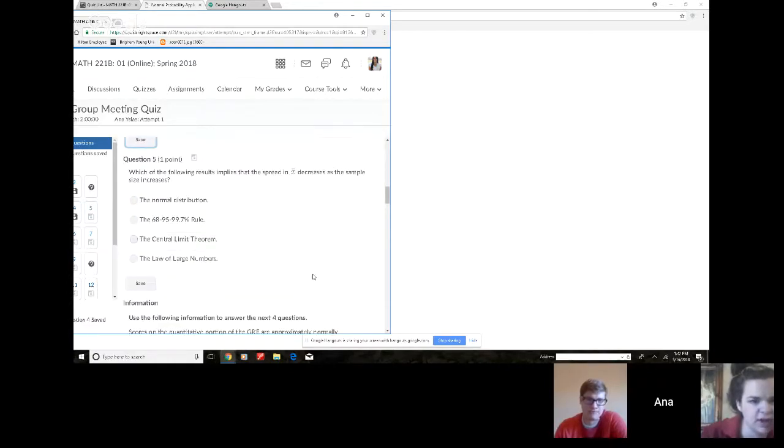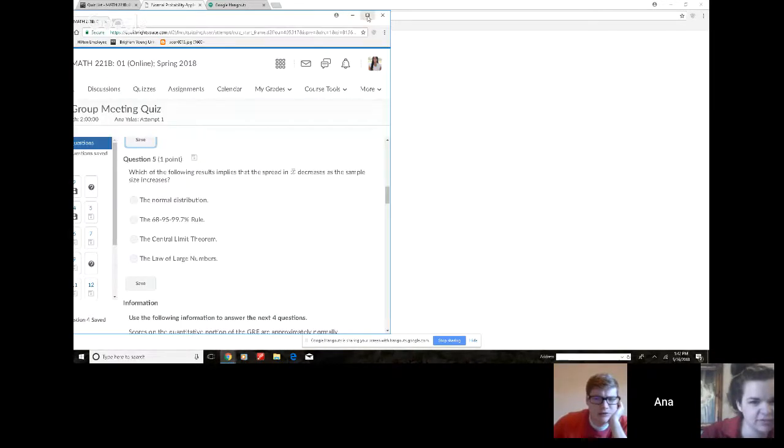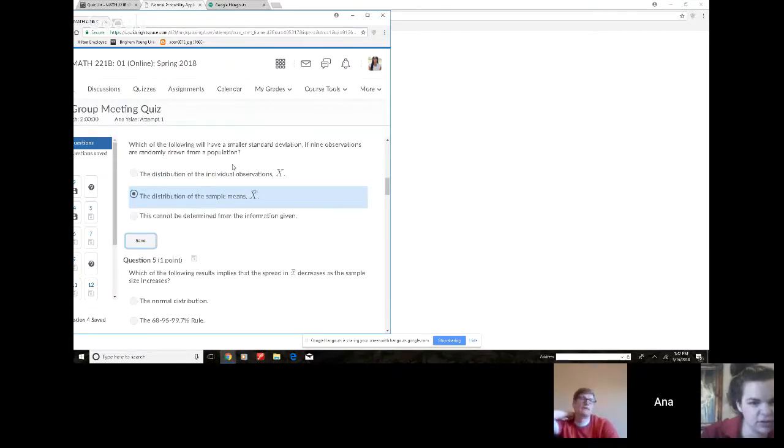And then number 5, which of the following results implies that the spread in X-bar decreases as the sample size increases? What does the X stand for again? Isn't that the sample distribution or whatever they use?